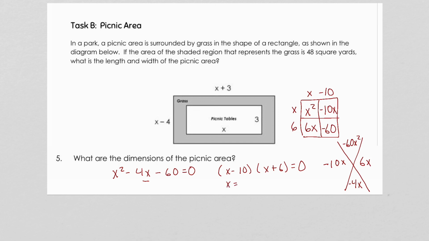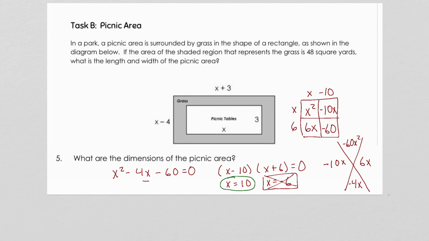So either x equals 10 or x equals negative 6. Well, again, we said that we can't have a negative value for a dimension, for a length. You can't have something that's negative 6 meters long or negative 6 meters wide. So our answer here is x equals 10.